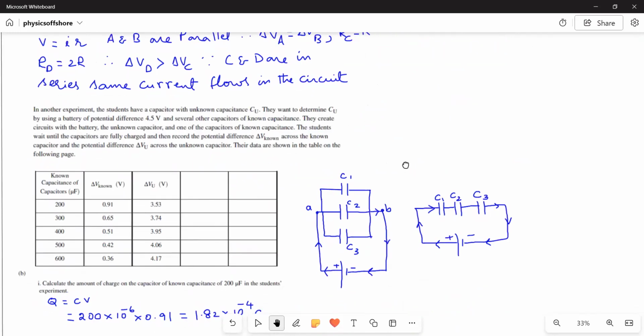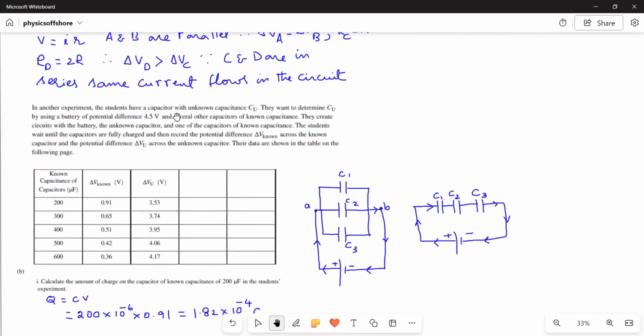In another experiment, the students have a capacitor with unknown capacitance C_u. They want to determine C_u by using a battery of potential difference 4.5 volts and several other capacitors of known capacitance. They create circuits with the battery, the unknown capacitor, and one of the capacitors of known capacitance.